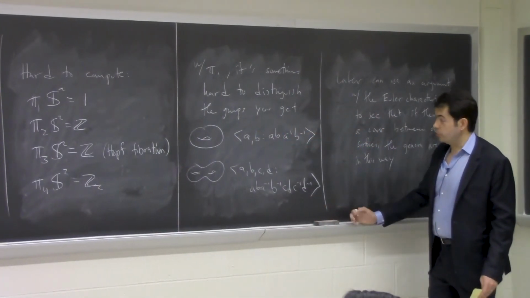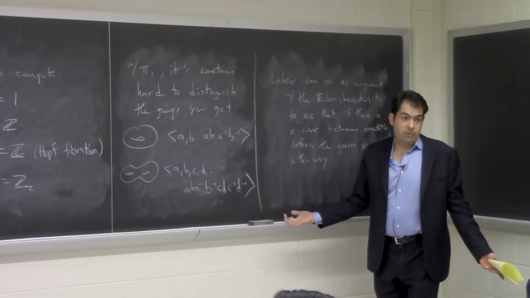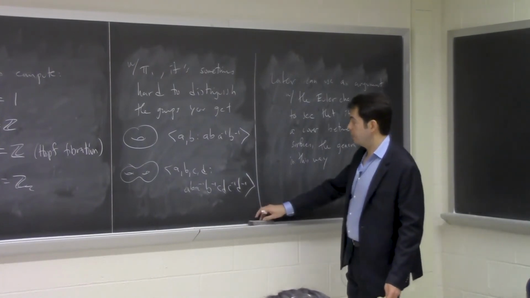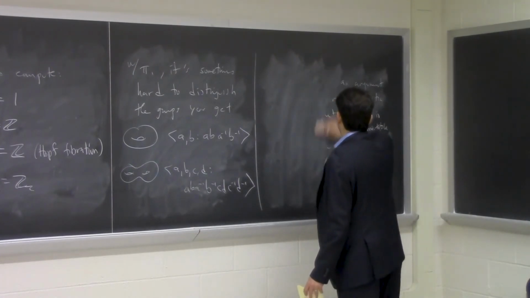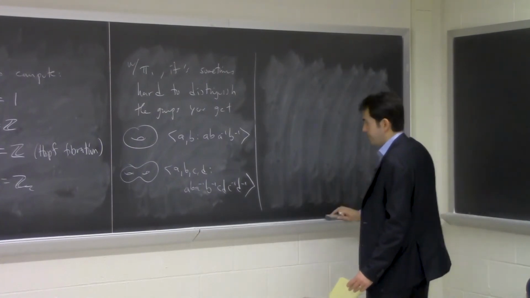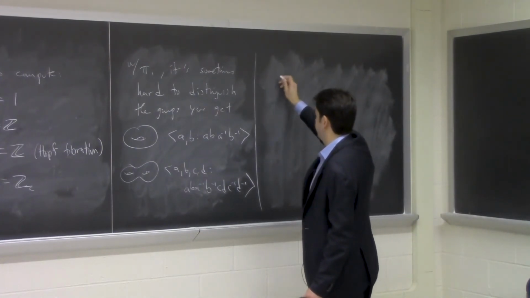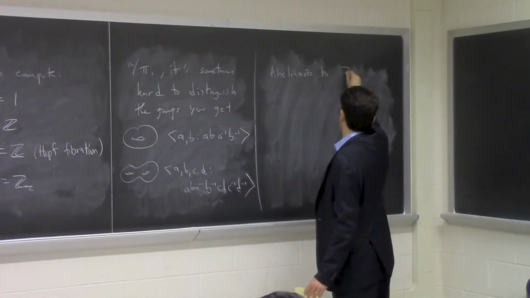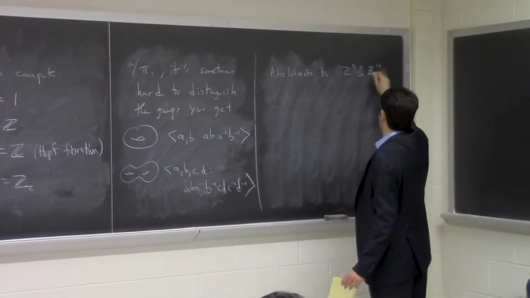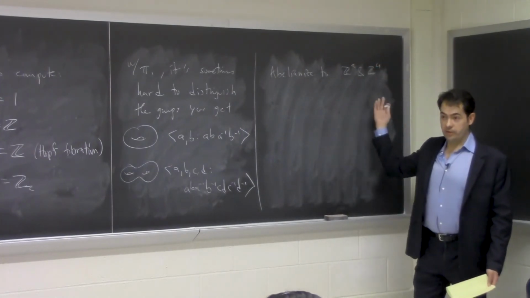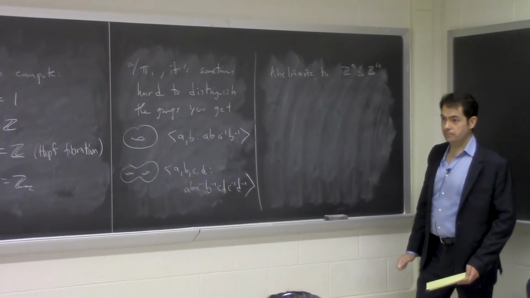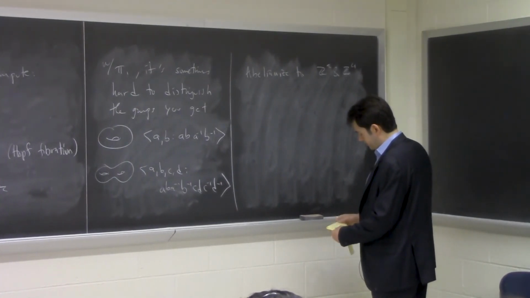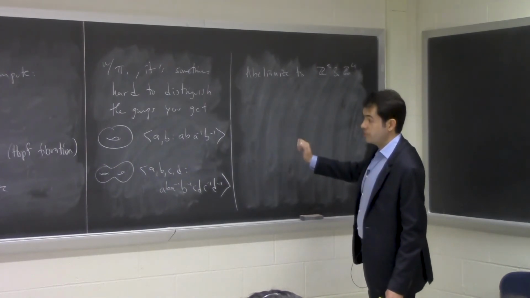While those don't look the same, they're just finitely presented groups. How do you show that they're not the same? In this case, we had a nice trick, which was to look at the abelianization. So let's abelianize. And there you can see that they're different.